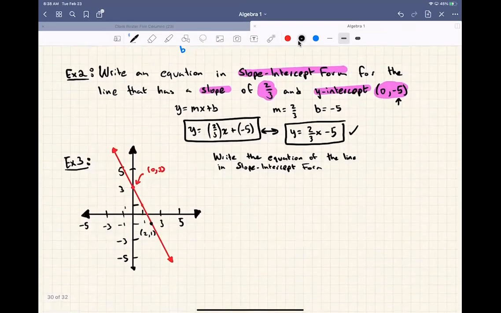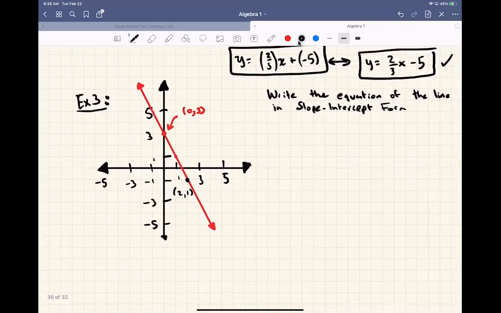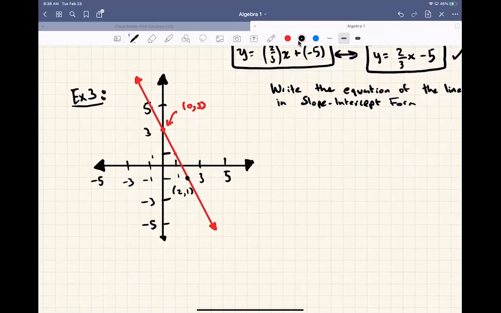Now we're gonna have a graph. It says write the equation of the line in slope-intercept form. Whenever we have a problem like this, we have to do these steps. First, identify the y-intercept.